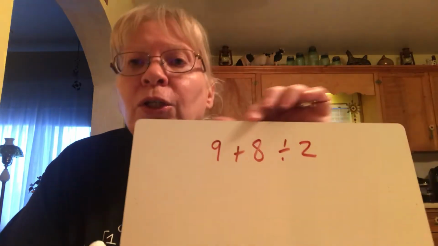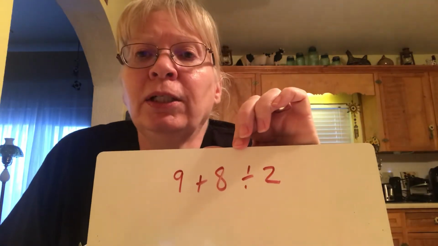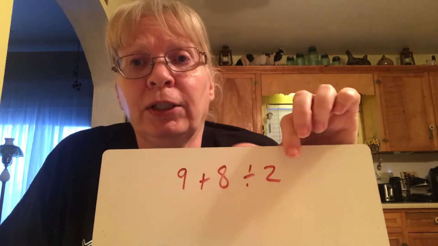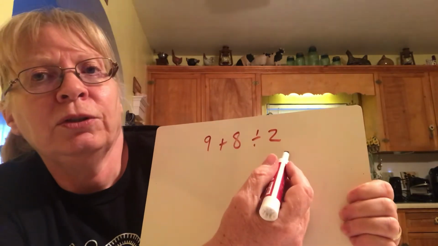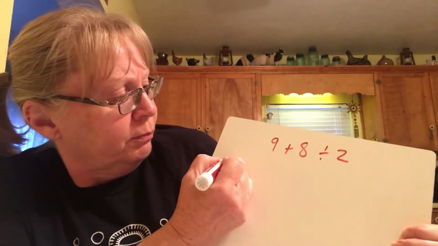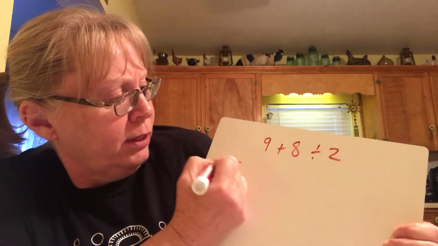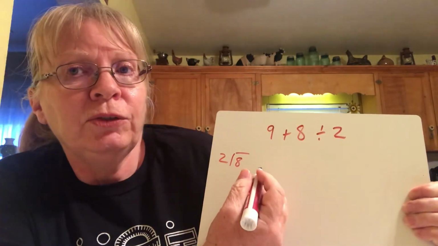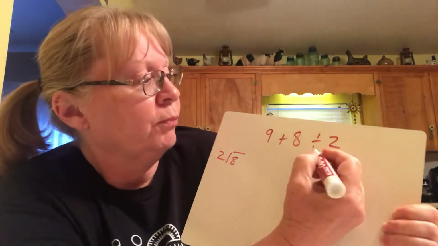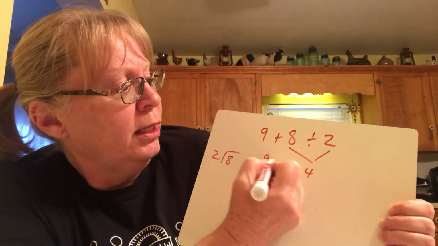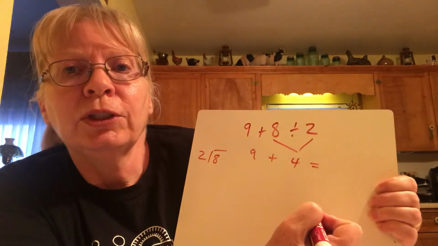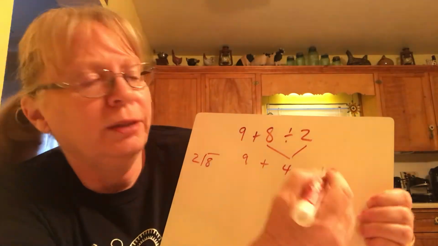Okay, no parentheses, no exponents, no multiplication, but there is division. Okay, so we have 8 divided by 2, which is like this, 8 divided by 2. So how many 2s are in 8? There's 4. So this becomes 4. And then I have 9 plus 4, which is going to be 13.